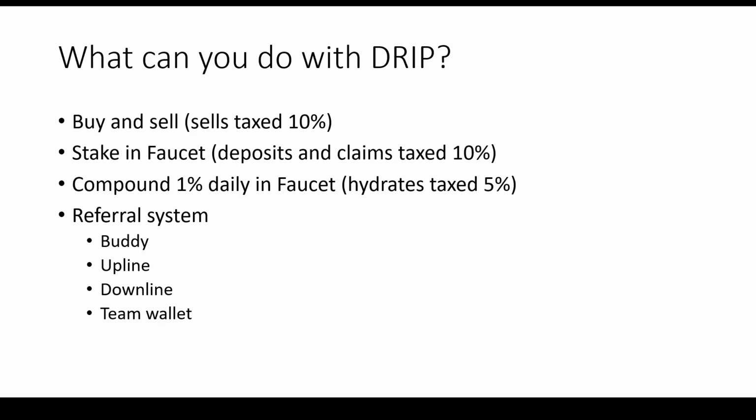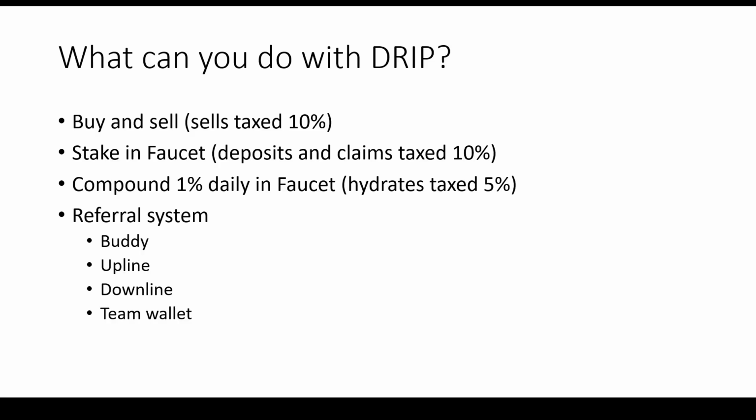Another thing, the main thing you can do with the Drip token, the thing that makes Drip tokens valuable, is the fact that you can stake the Drip tokens in the Faucet contract. Keep in mind, when you're dealing with the Faucet contract, the deposits into the contract and claims out of the contract are each taxed at a rate of 10%.